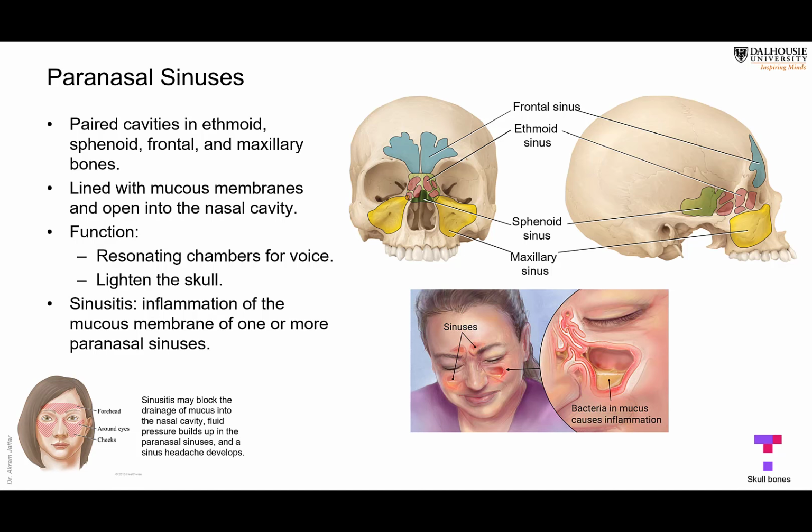And they might have other functions as well. But these are the 2 functions that, logically, we can say they are the functions. But the way that they are connected to the nose, lined by respiratory epithelium, doesn't seem like they are only resonating chambers for the voice or just to lighten the skull, okay?